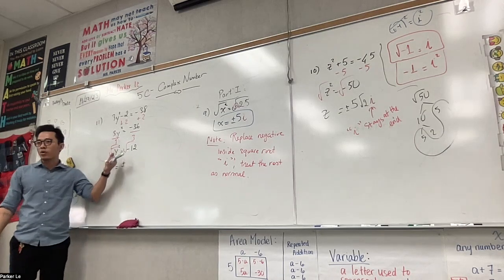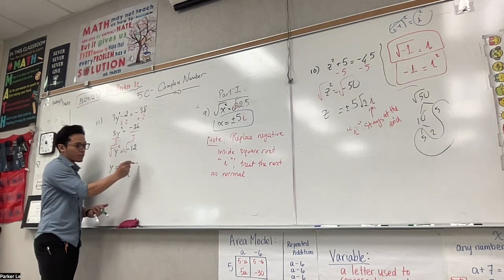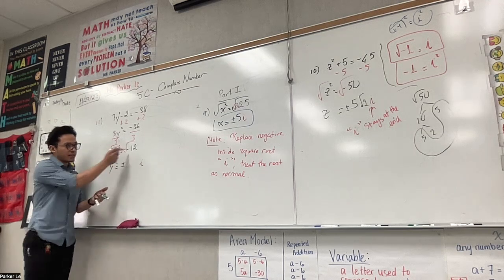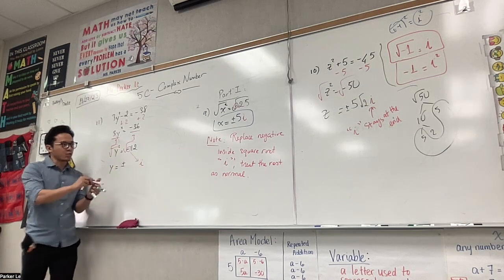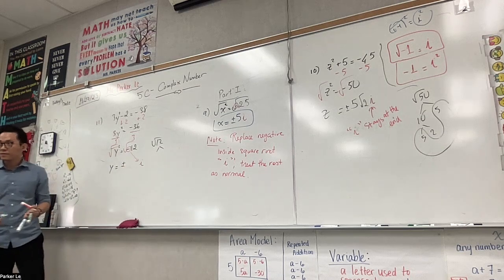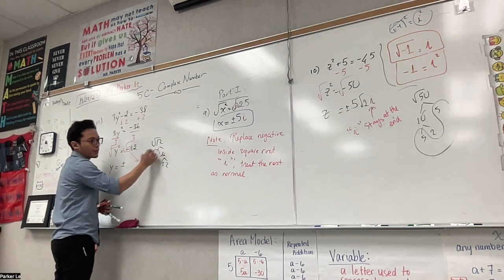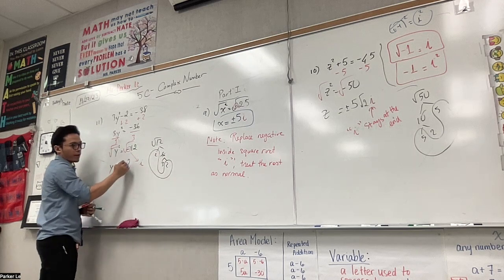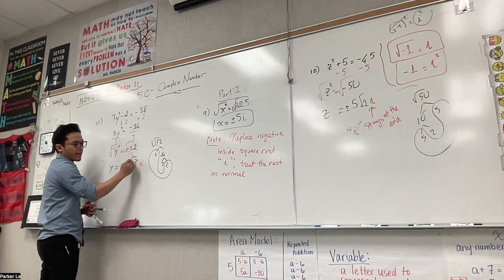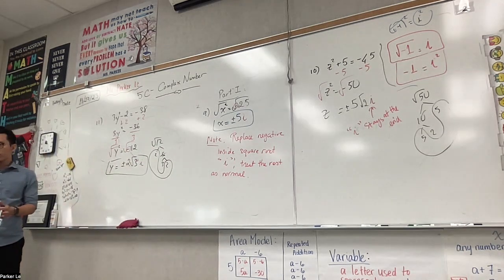Now negative inside the square root becomes i. Just write i. This negative always becomes i. Now square root of 12. What is square root of 12? 12 is 6 times 2, 2 times 3, so 2 goes out, right? And 3 stays inside. So the answer is plus minus 2 square root of 3 i.